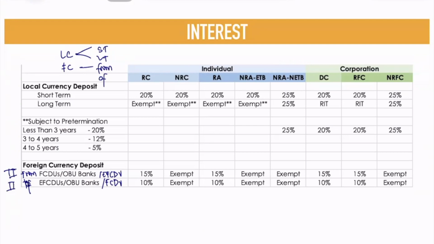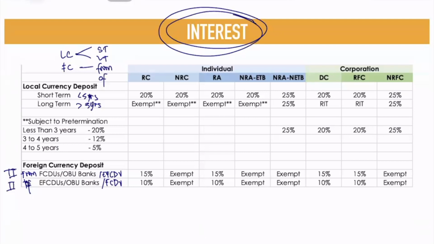Sir, question. When is it short term? It is short term if it is less than 5 years. And it is long term if it is more than 5 years. Take note, we are taxing interest here. Sir, what type of interest, by the way?